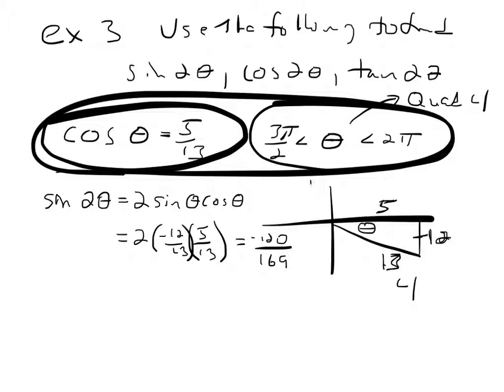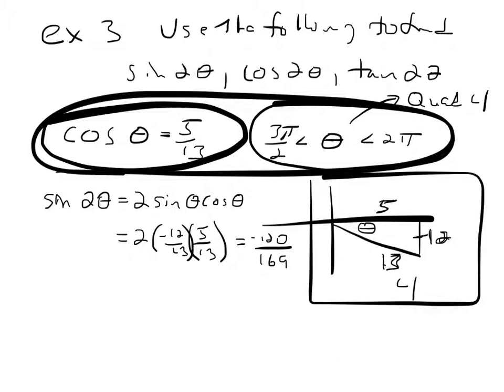Sine theta from my triangle is negative 12/13, and cosine of theta is 5/13. If I multiply all of my numerators together, I get negative 120, and if I multiply 13 and 13 together, I get 169.